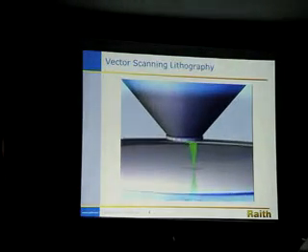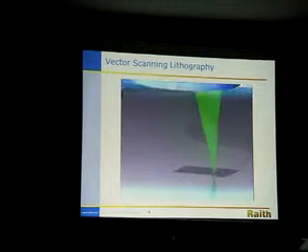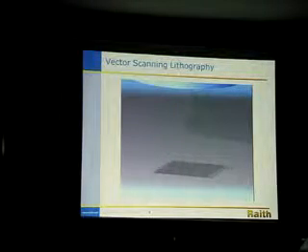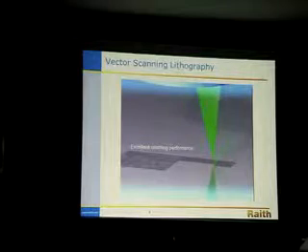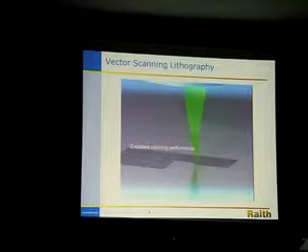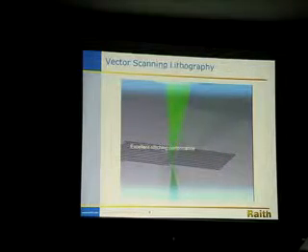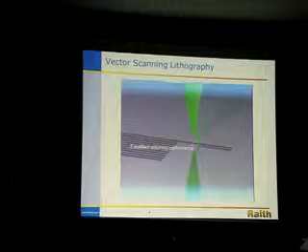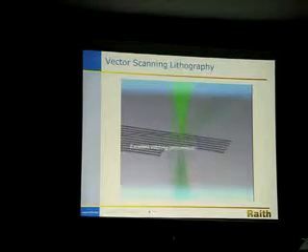The kind of lithography that we're doing is vector scanning lithography using focused beams of electrons and ions. So here the focused beam of electrons is writing a pattern on a wafer. However, when it reaches the limited writing field of the electron beam, a laser interferometer stage is used to move the wafer below the writing field to an accurate precision of nanometers.